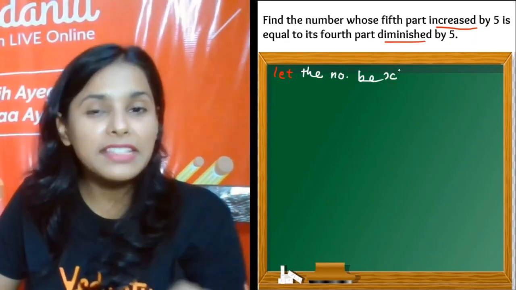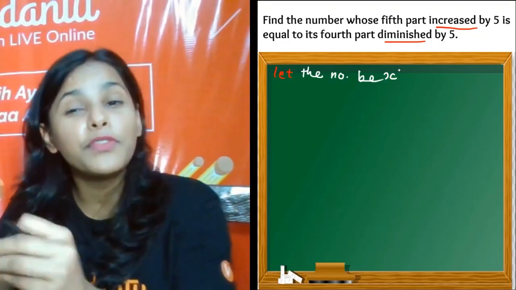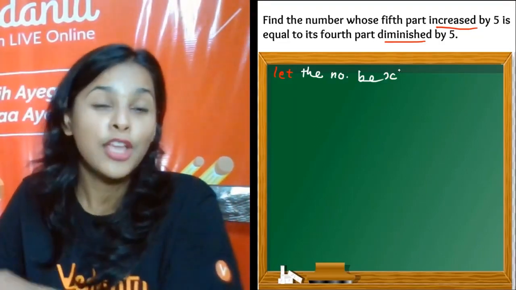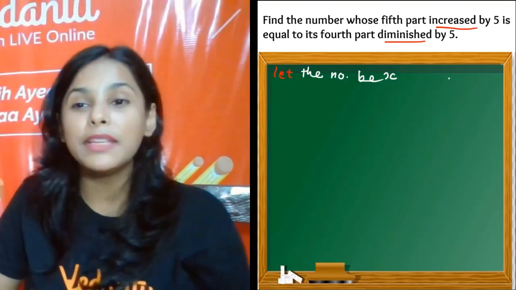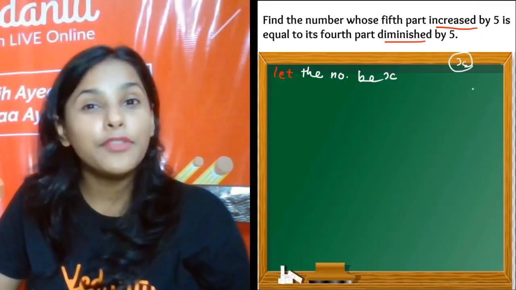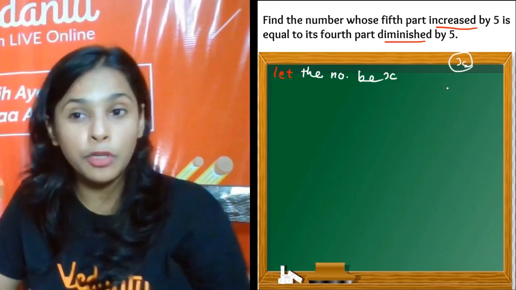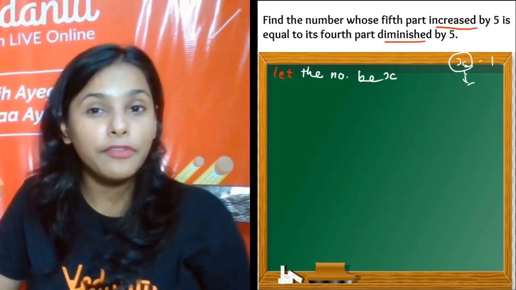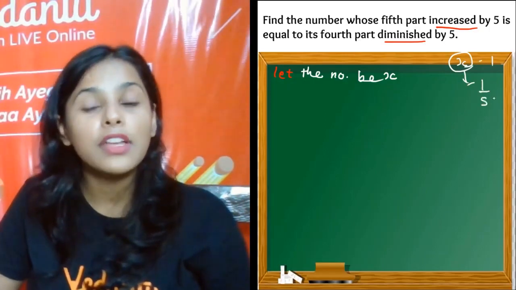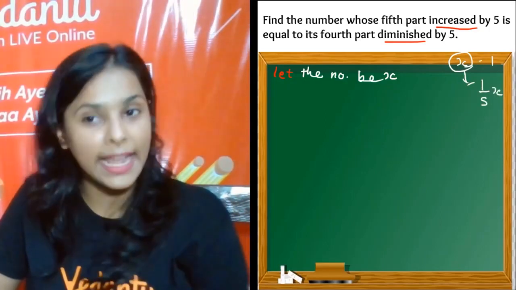Now the question says: find the number whose fifth part increased by 5. So fifth part means 1/5 part. That means if the number is x, this is the whole one, and the fifth part would be 1/5. So 1/5 of x.